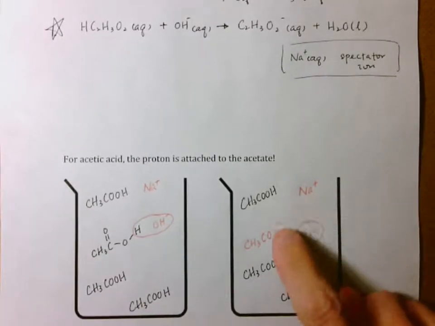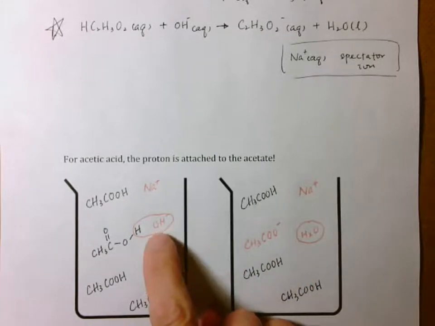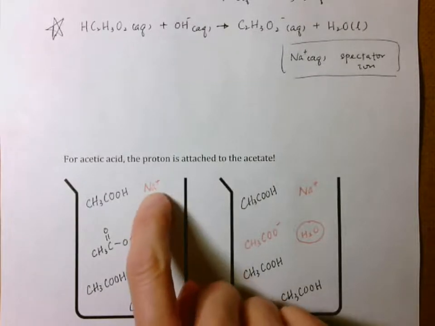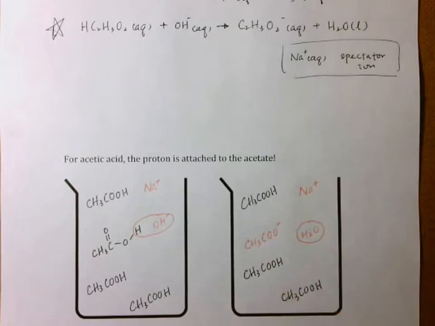And you end up with sodium acetate because hydroxide pulled the hydrogen away, and the cation and anion have no choice but to become together passively. Okay.